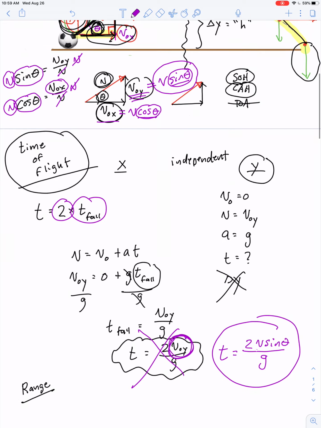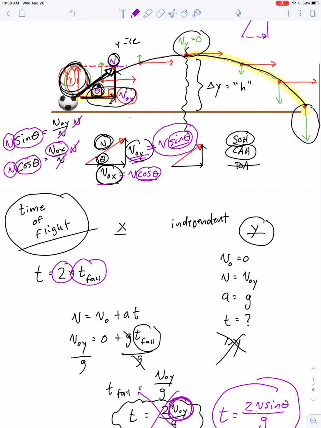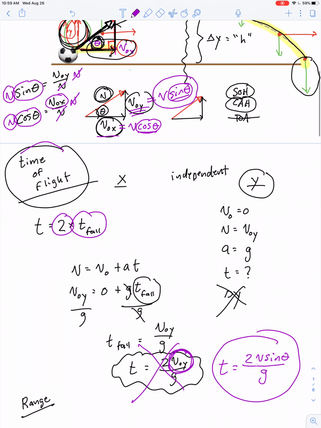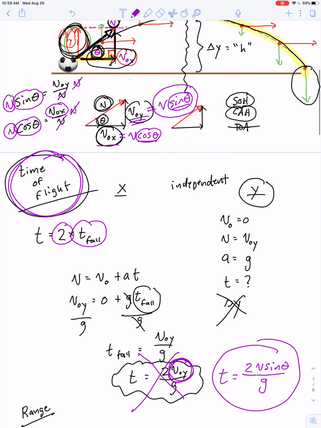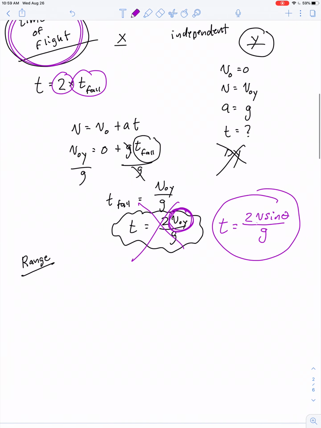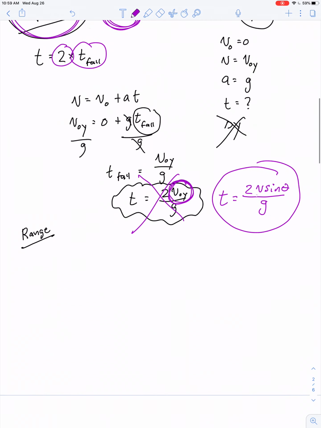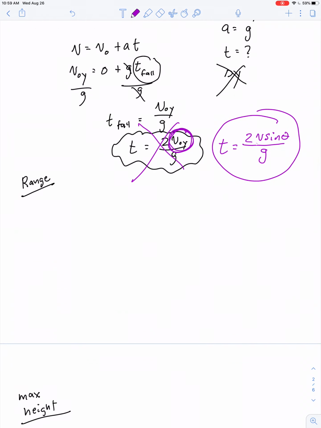Okay, so another thing you might be interested in when something follows a full parabolic trajectory is not just how much time it's going to spend in the air, but you certainly might want to figure out how far away it's going to land. So in that case, let's focus on the horizontal motion. So we're going to use the equation delta x equals v naught t plus 1/2 a t squared.